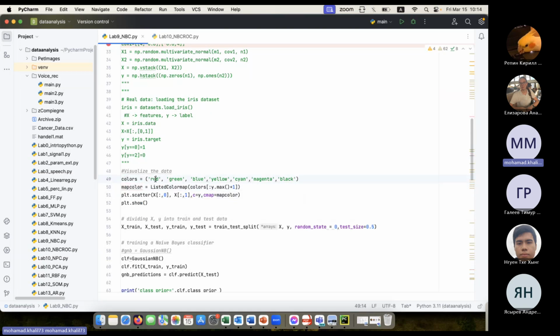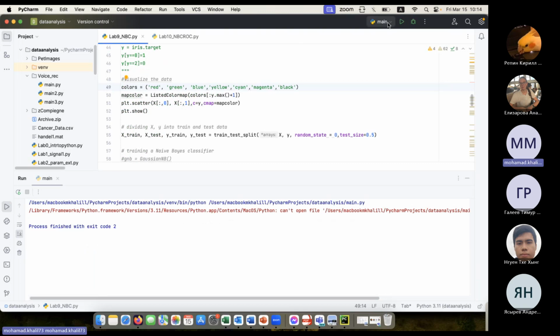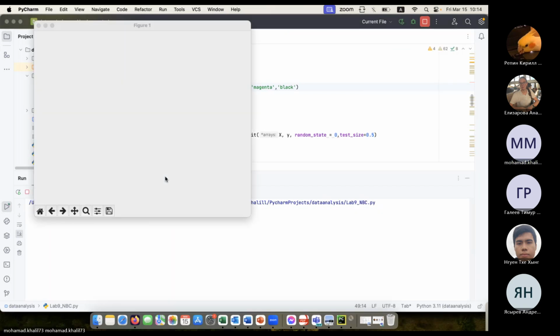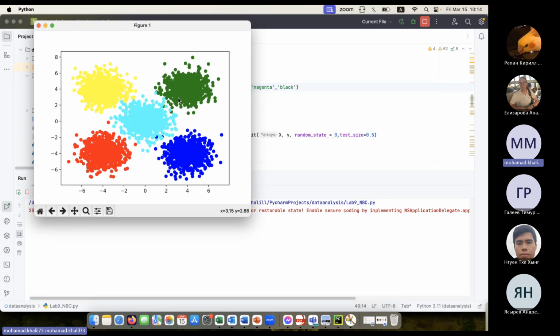So the first one will be red, green. I can show you. You see red, green, blue, yellow, cyan, and magenta. We don't have magenta.